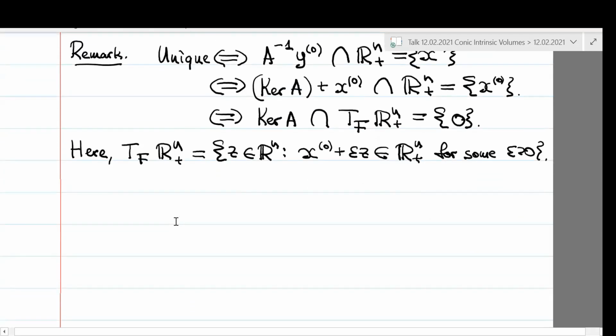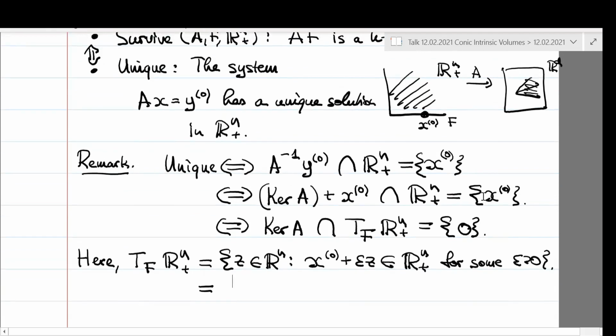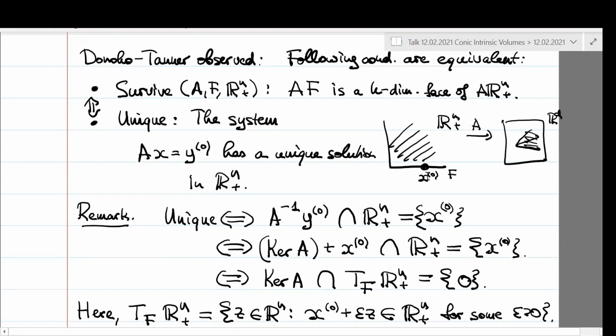So this tangent cone is a convex cone in the n-dimensional space, and in our case, it is something very simple. If we start at x0, then x0 has k coordinates which are non-zero, and we can add to these coordinates any small number and stay positive.